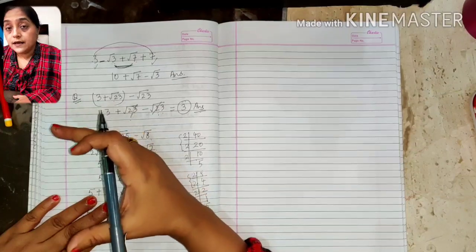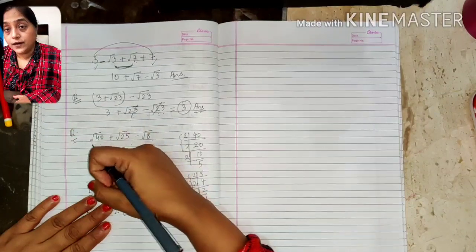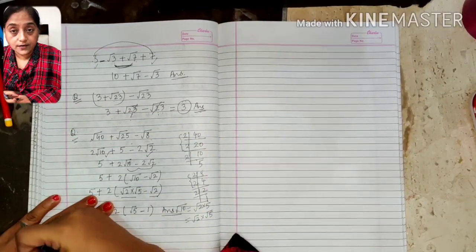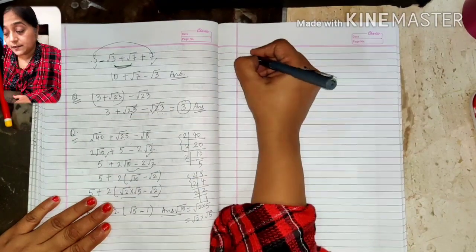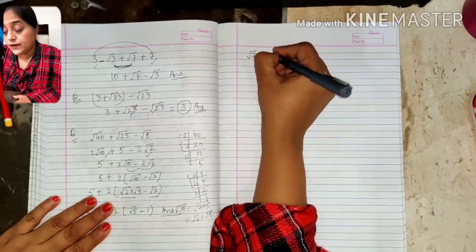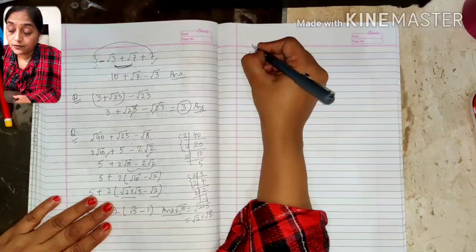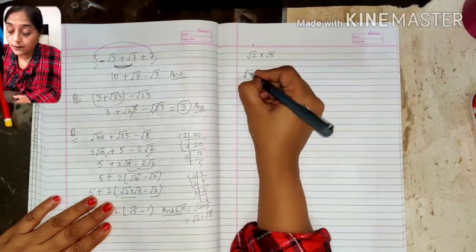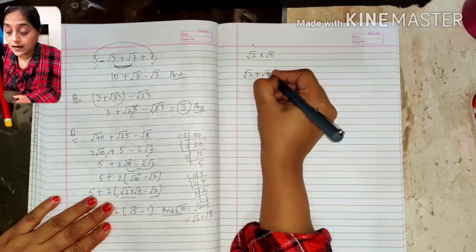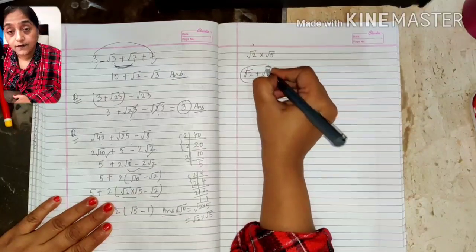Next part is multiplication of an irrational number with an irrational number. Let us multiply root 2 with root 5. Had it been root 2 plus root 5, the answer would remain the same. Why?